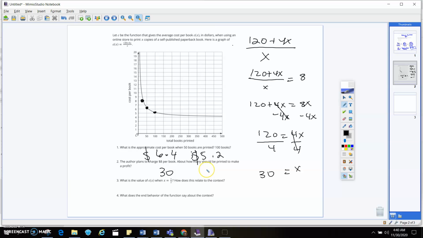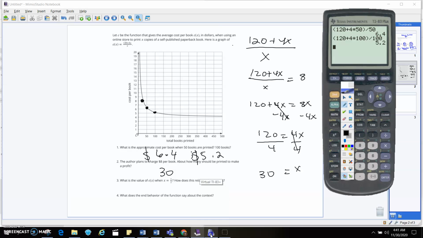It then says, what is the value of c of x, so that's your y, your cost per book, when x is 1/2? How does this relate to the context? Okay, so when x is 1/2, so if I print half a book, how much does it cost? I'm going to come into my calculator.